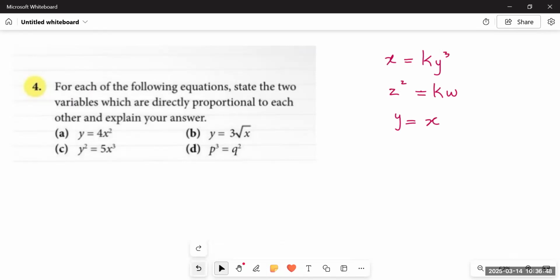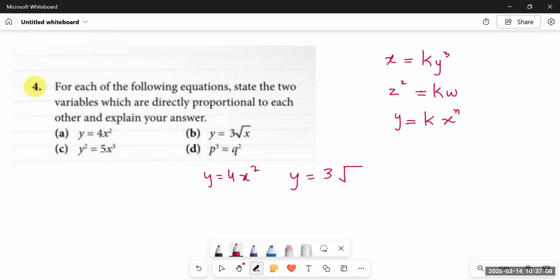So in this one, the equation was y is equals to kx^n. You see? So now they are asking us, if the equations are given as y is equals to 4x squared, y is equals to 3 under root x, y square is equals to 5x cube, and p cube is equals to q square.